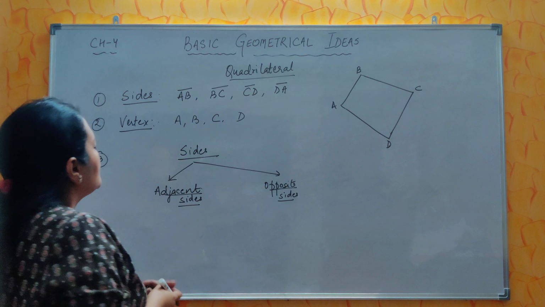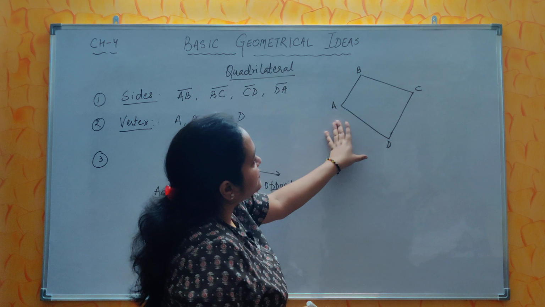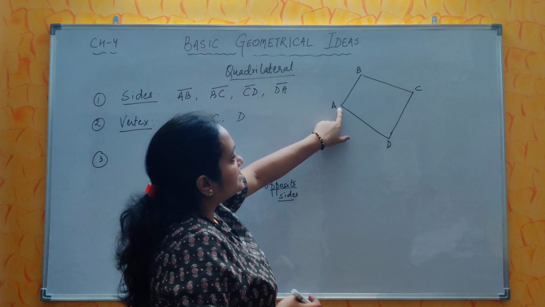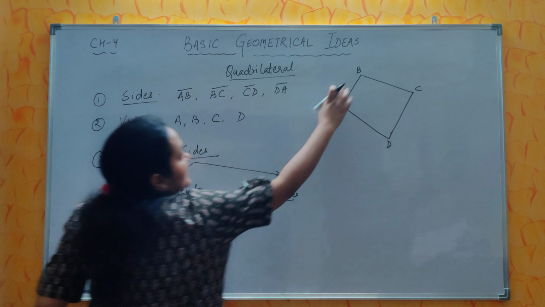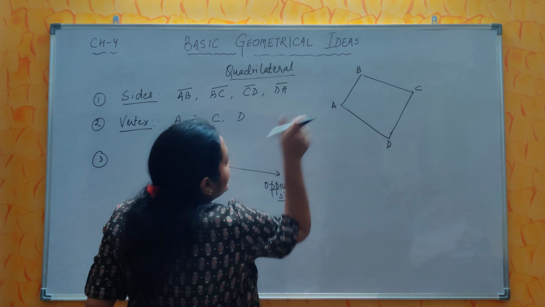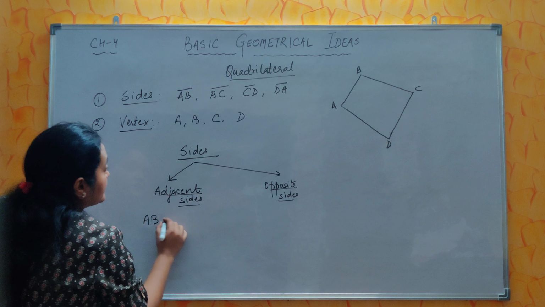Okay, adjacent sides are the 2 sides which have a common end point, say A. So in that case, AB and AD will be one adjacent side pair.